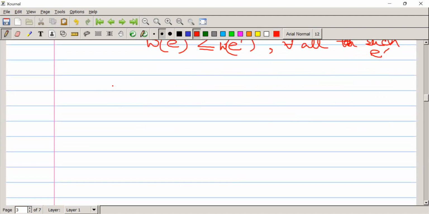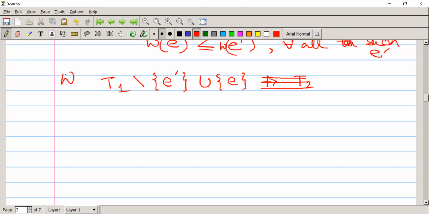And T1 minus such E prime union E was actually T2, or we can say, if we take the weight of this, it is actually a tree, a spanning tree, right?